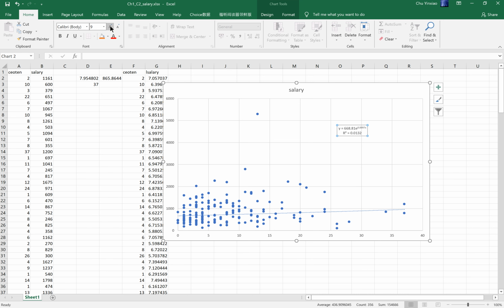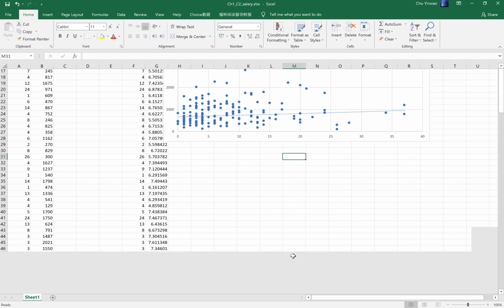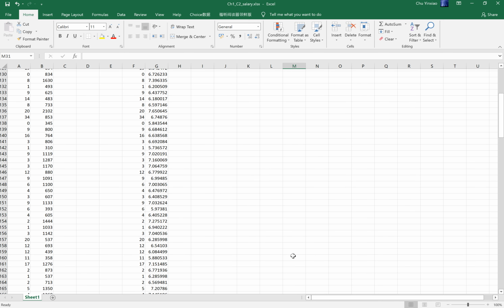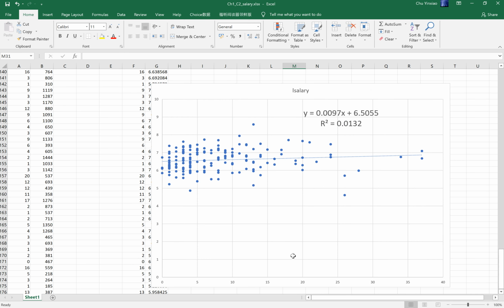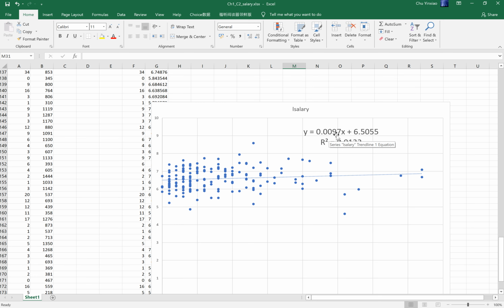So we obtain this regression equation, and you see the coefficient of x is 0.0097, right? And this is the same as here, 0.0097 here.